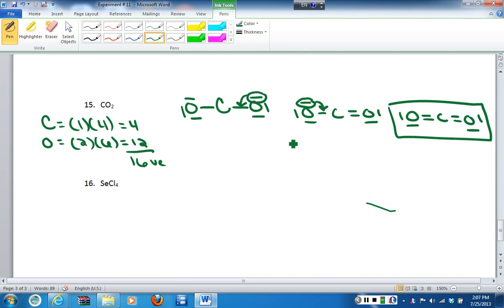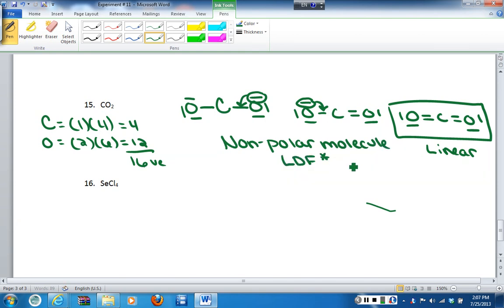If I look at the 3D, I know this is going to be a linear molecule, so everything cancels out. There's no net dipole moment, so this has to be a non-polar molecule. And since it's a non-polar molecule, the only intermolecular force present is London dispersion forces.